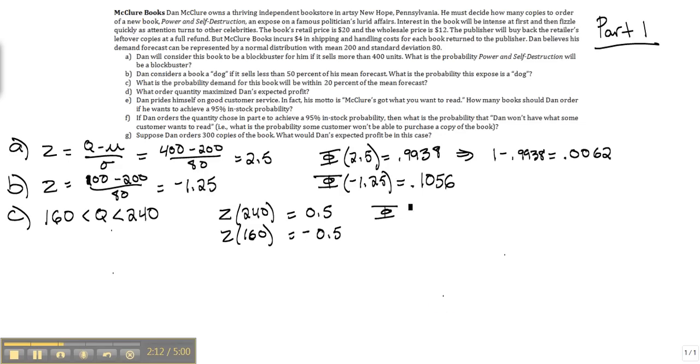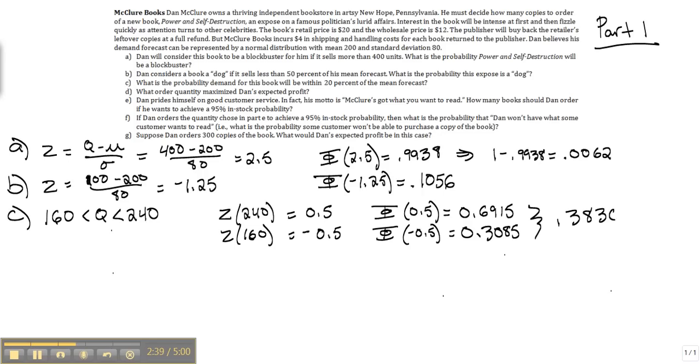Looking these values up in the standard normal distribution table, we get a probability for 0.5 of 0.6915, and a probability for negative 0.5 equal to 0.3085. The probability that the forecast will fall within this range then is the difference between these two, or 0.3830.